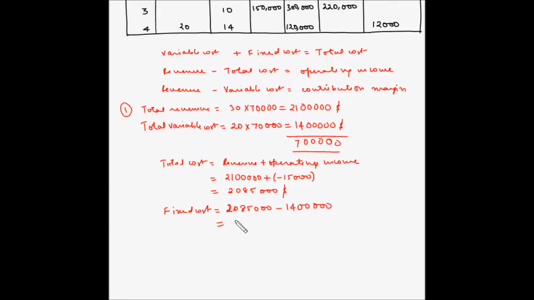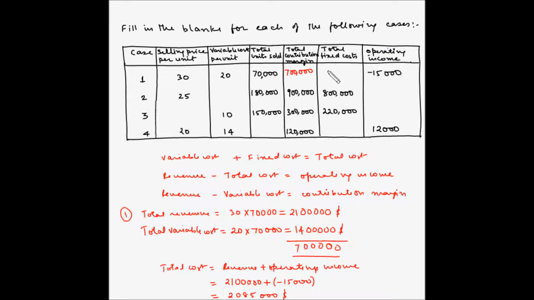So this is equal to 685,000 dollars. So the total fixed cost is 685,000. Now let's move to the second case.